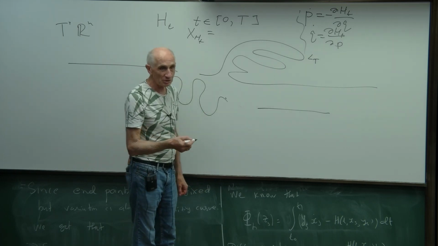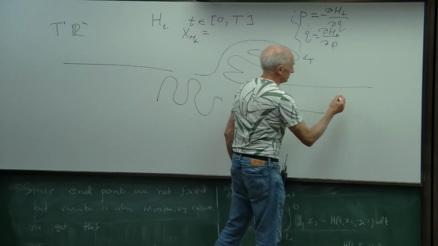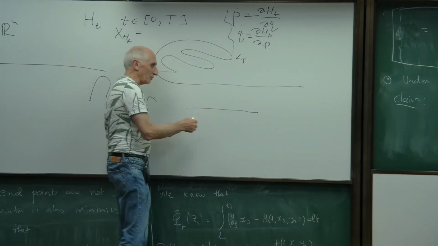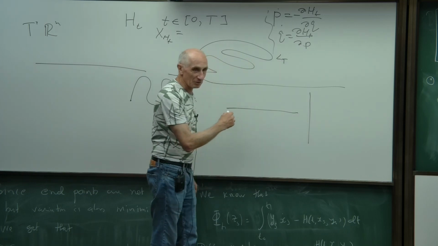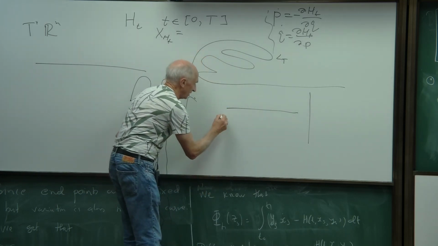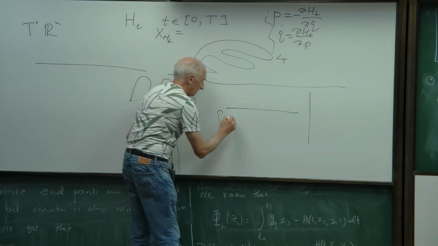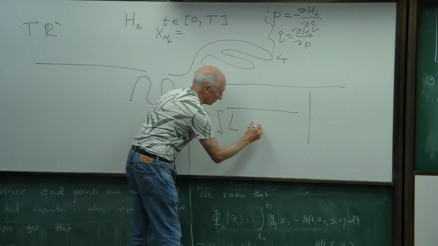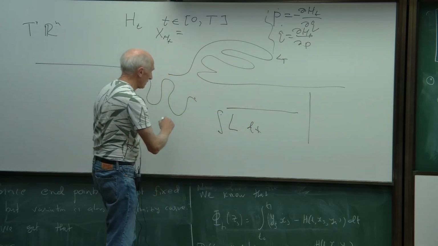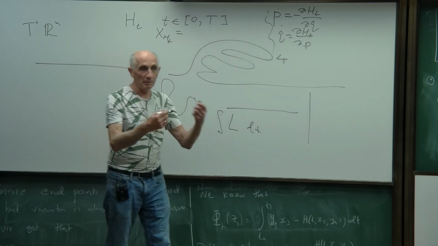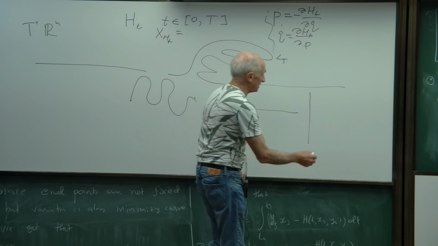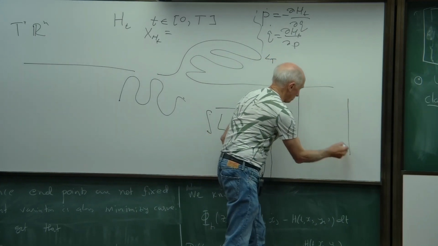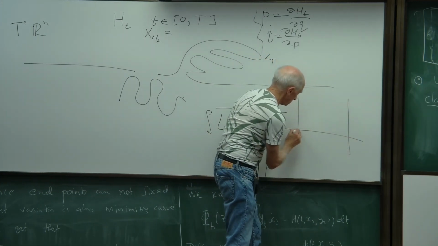And the action functional, in the Lagrangian formulation, is an integral of some Lagrange function along some path. But there is also a Hamiltonian reformulation of the action functional, which is equivalent to the following.